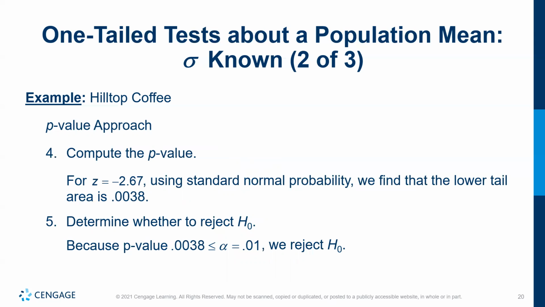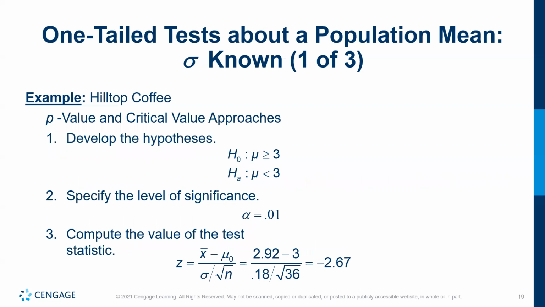And so now we're going to compare 0.0038. What we found is that the mean on these 36 cans that we tested was 2.92. And so that mean of 2.92 gives us a z-score of negative 2.67.